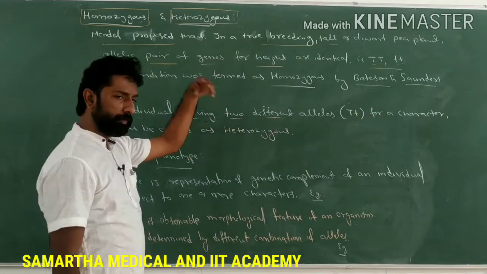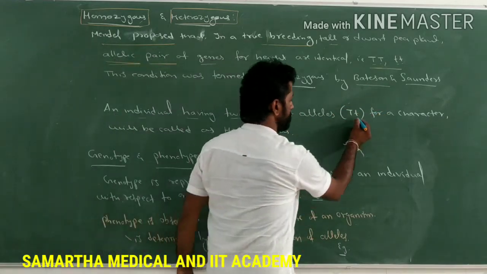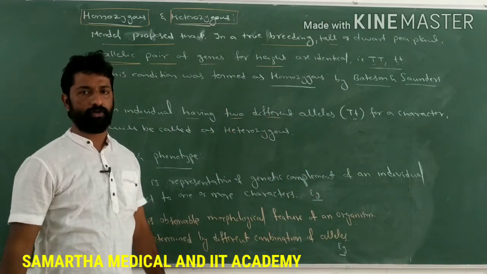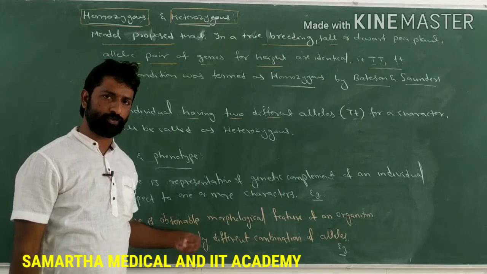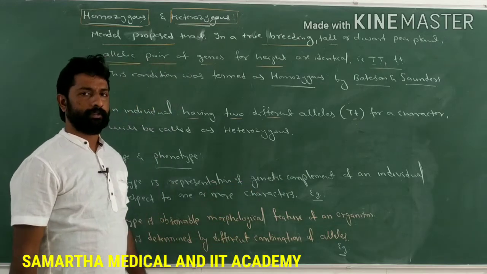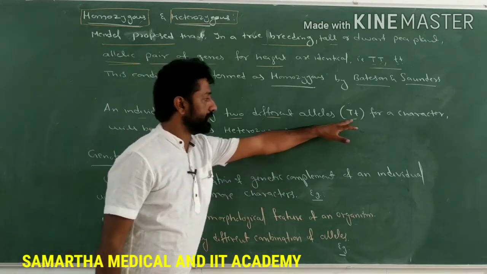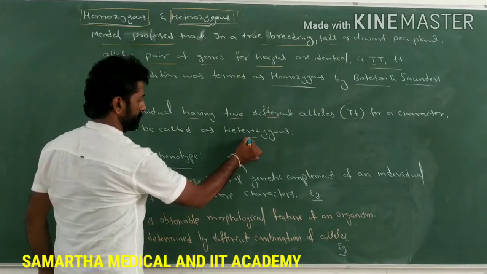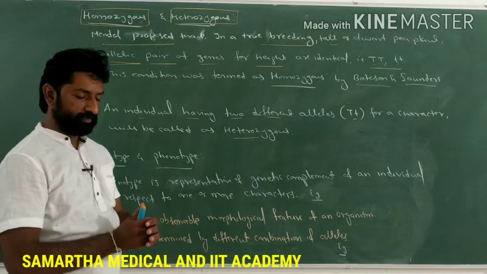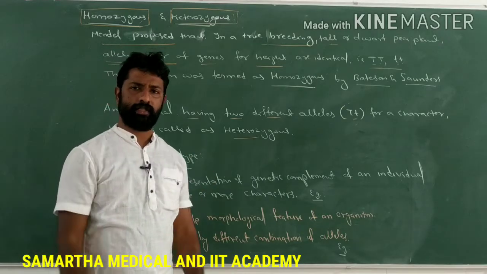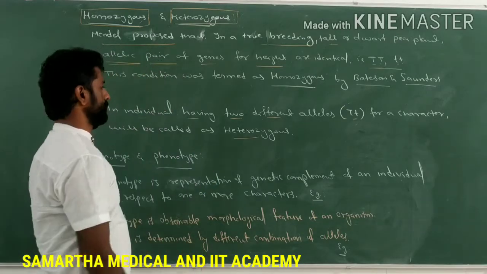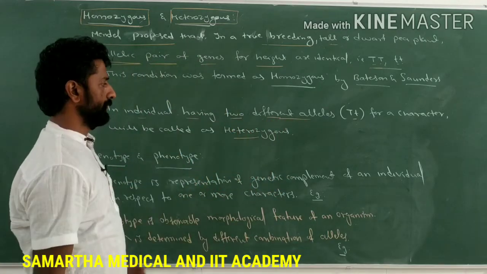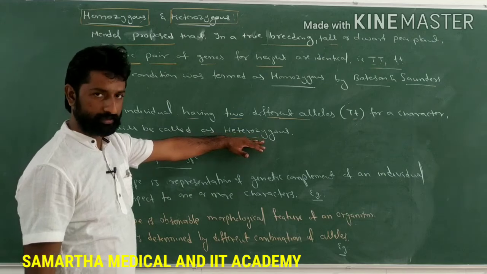Here the plant will be tall, but it is having a pair of contrasting alleles, the genes which code for the contrasting traits of a character. Such a condition for a character is called heterozygous. So in any individual, whether plant or animal, if it is having two different alleles for one character, such condition is called heterozygous.